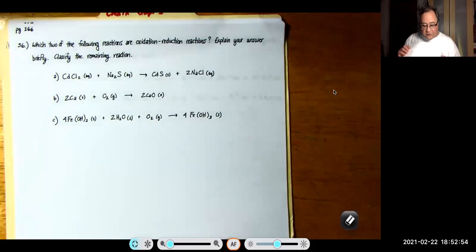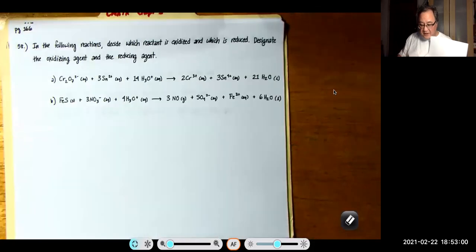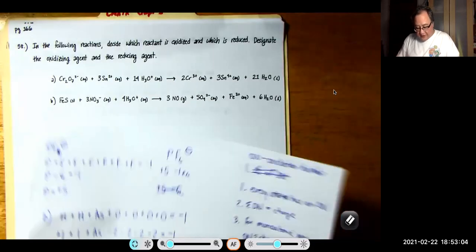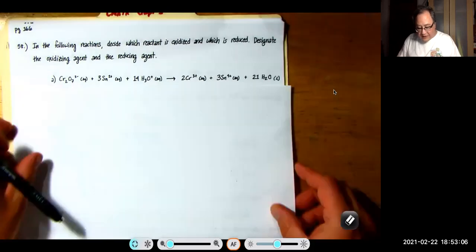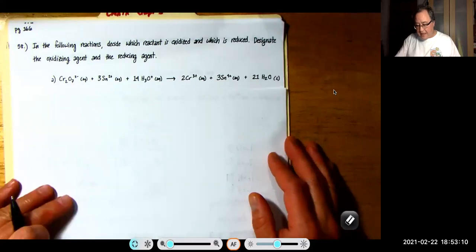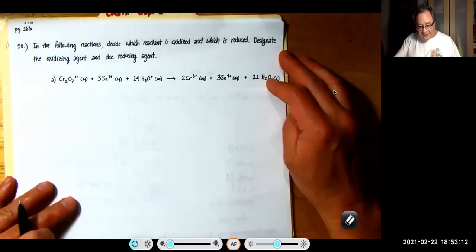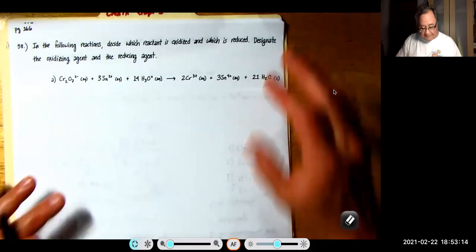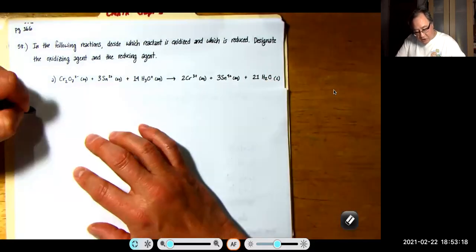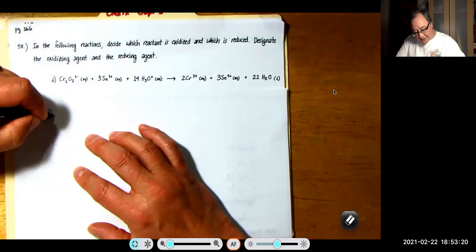What we want to do is we're going to skip this one for right now. Here we want to decide what got oxidized and what got reduced. So this is going to allow us to get more practice assigning oxidation numbers. And it'll give us practice deciding how to use them. So I'm going to write this out again, Cr2O7 2 minus.